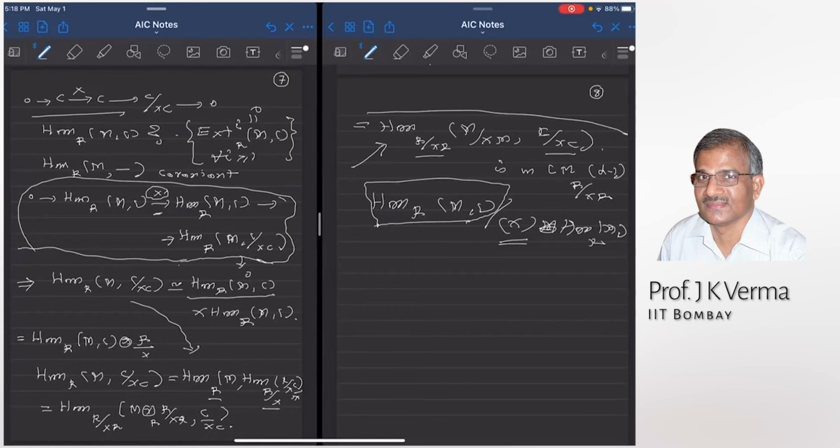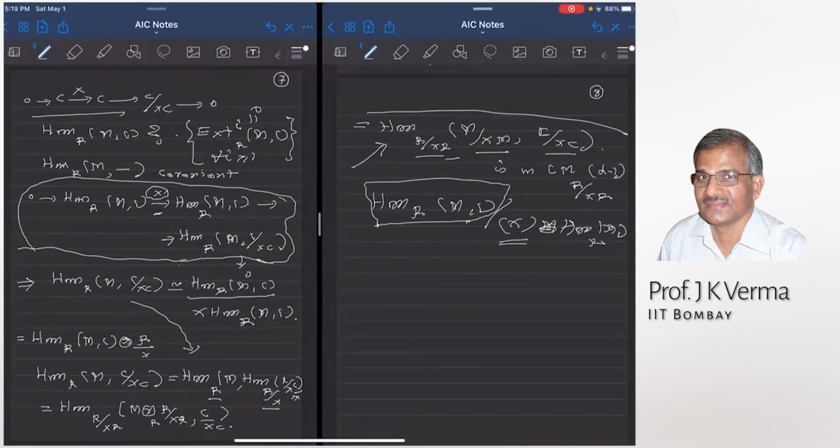But then I use Hom-tensor adjointness to see that Hom_R(M, C/XC) is isomorphic to Hom_{R/XR}(M/XM, C/XC). There is a simple Hom-tensor adjointness.